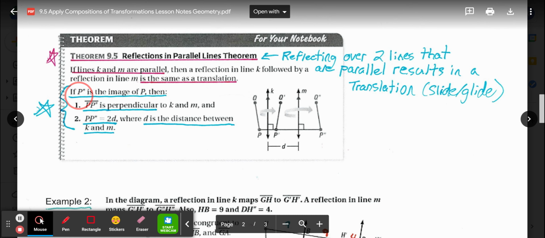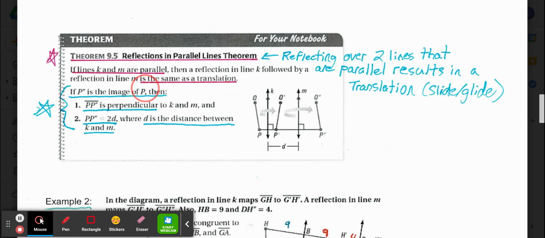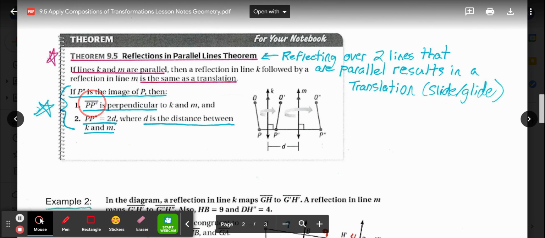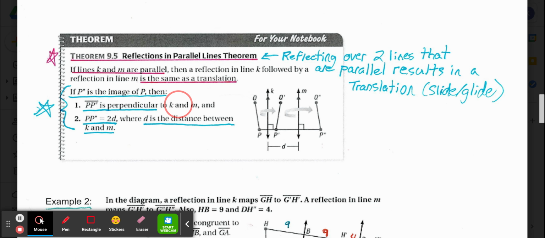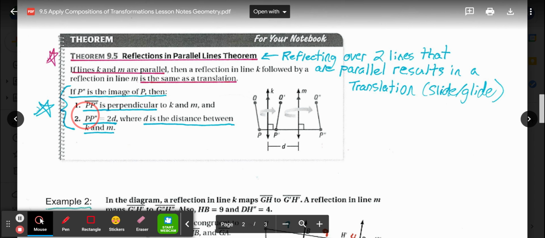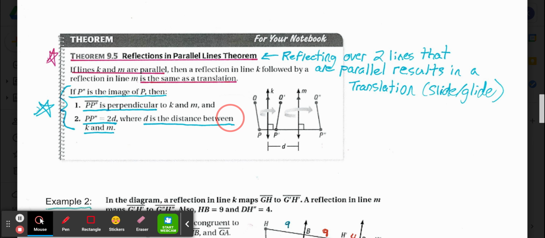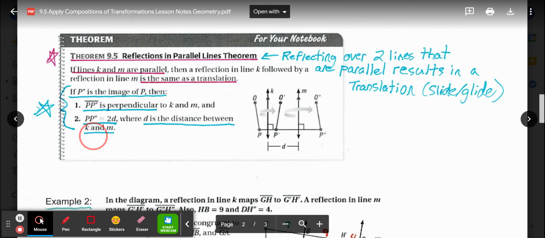So if P double prime is that final image of our original P, then the segment P to P double prime is perpendicular to those lines of reflection K and M, and the distance from P to P double prime is 2 times the distance between our parallel lines K and M.